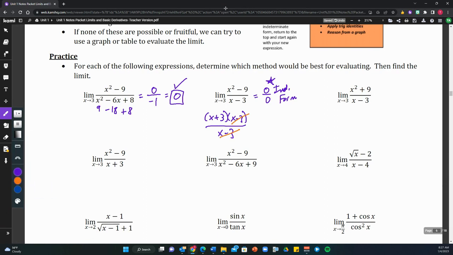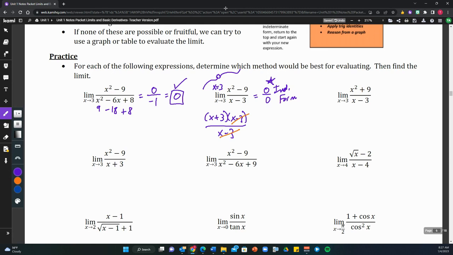Anytime you cancel out a common factor in the top and bottom, what you are doing graphically is identifying a hole on the graph at the corresponding value of x. In this case the factor was x minus 3, so we essentially removed a restricted value of x, positive 3. So the hole on the graph of this original function is at x equals 3.